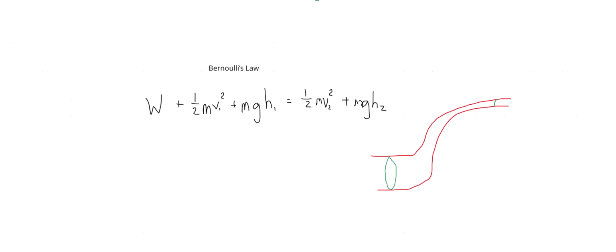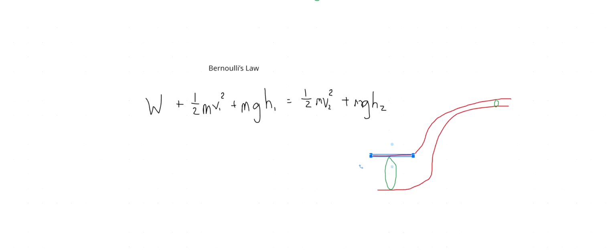We know that's going to change the kinetic energy because it goes from wide to small. We know that's going to make the velocity of that fluid go faster. And you might also have a change in height, right? The pipe might go up or it might go down. There are certainly going to be problems where the height doesn't change as well, but this example would include all of those scenarios.